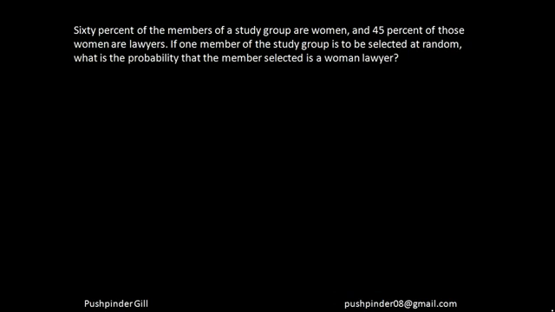60% of the members of a study group are women, and 45% of those members are lawyers. If one member is selected, what is the probability that it will be a woman lawyer? So since it's a percent, let me assume that there are 100 people. Now this is what I call, guys, my tree approach.